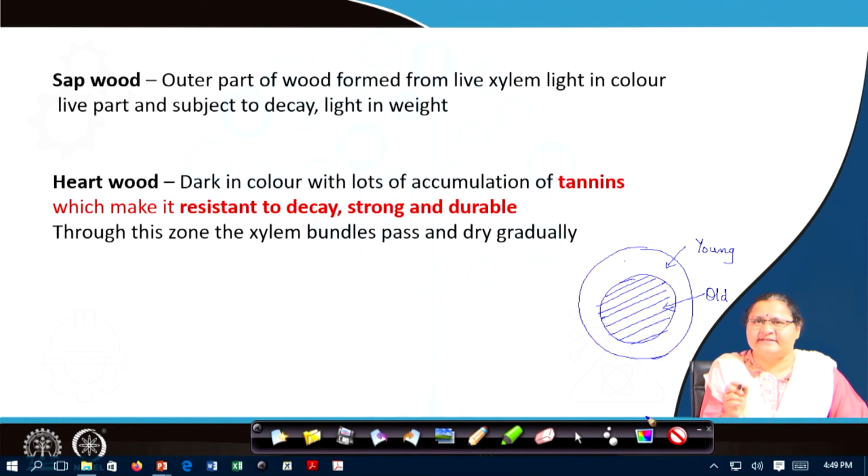It makes it resistant towards attacks of termites, insects, and growths. They are strong and durable. So, which one should we prefer? The old matured portion, which is called the heartwood. Yes, sapwood is also good, but they are subject to decay.